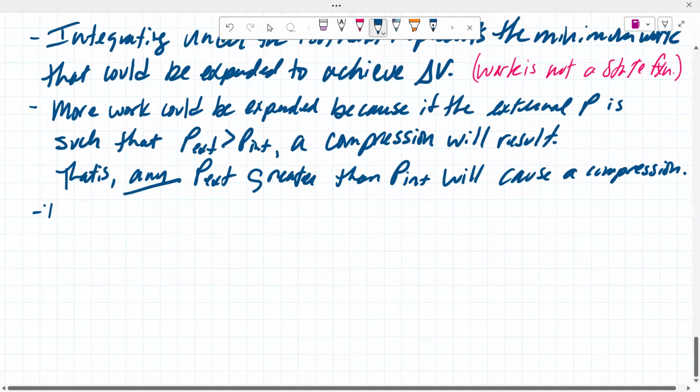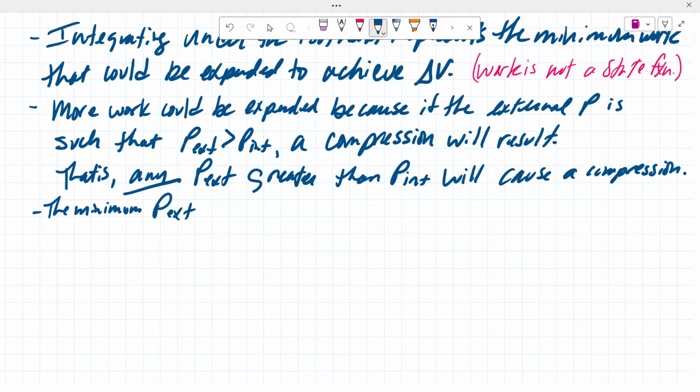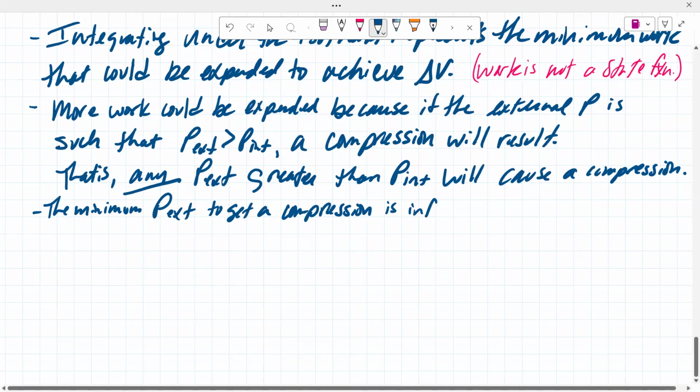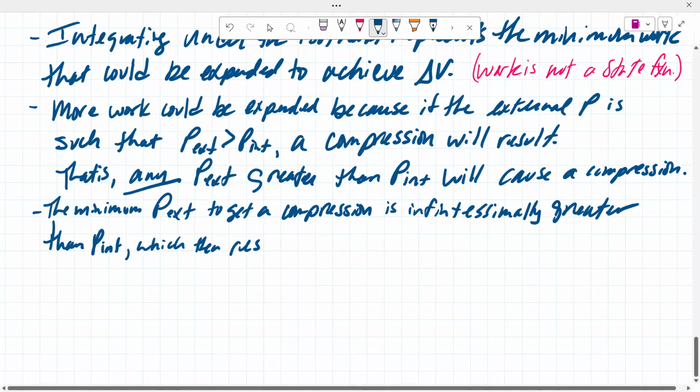The minimum P external to get a compression is infinitesimally greater than P internal, which then results in walking along the isotherm.